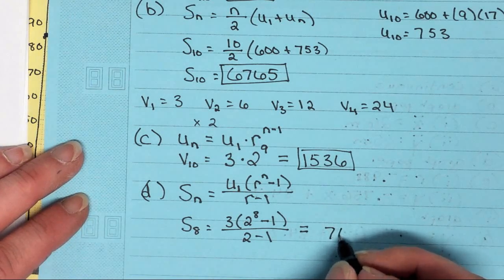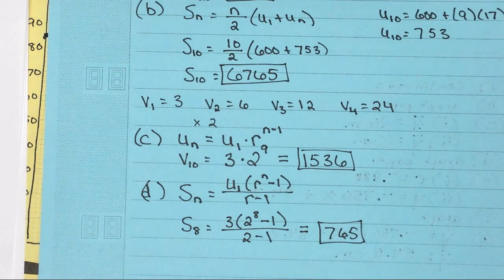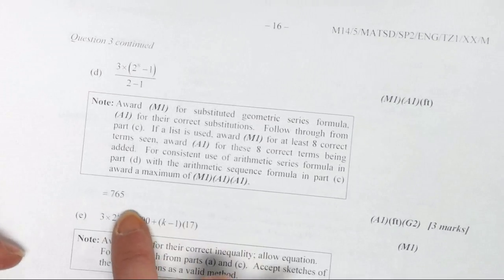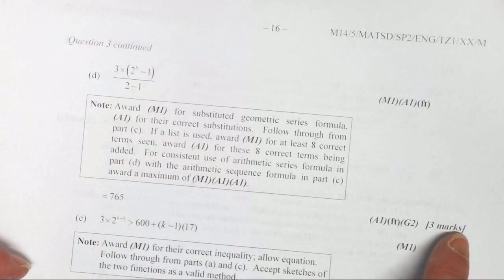$765? Okay. Just so you know, when we're looking at this mark scheme, I want to make sure I show something. 765 was the answer. This part was worth a total of 3 points.